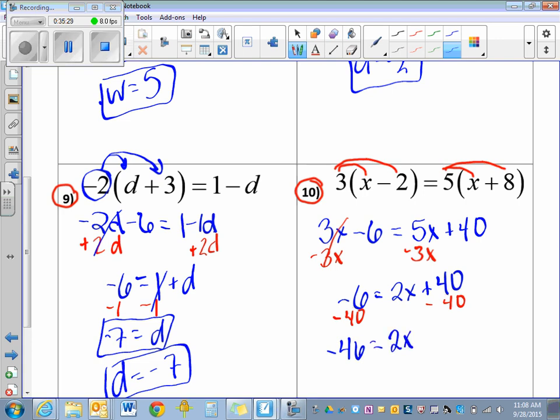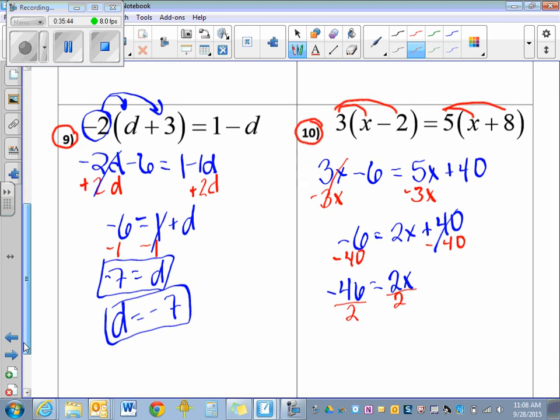Positive 40 minus 40 cancels each other out. So that's 0. Great. And then my last step, divide by 2. So then negative 46 divided by 2, negative 23. 2 divided by 2 reduces to 1, so it's 1x or just x. And again, x equals negative 23.